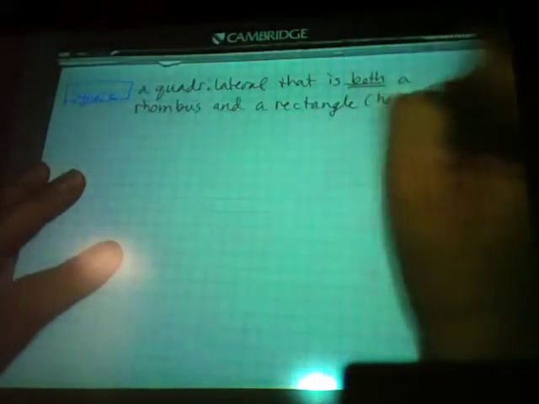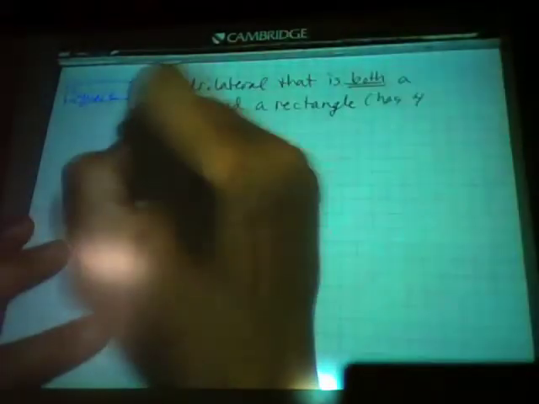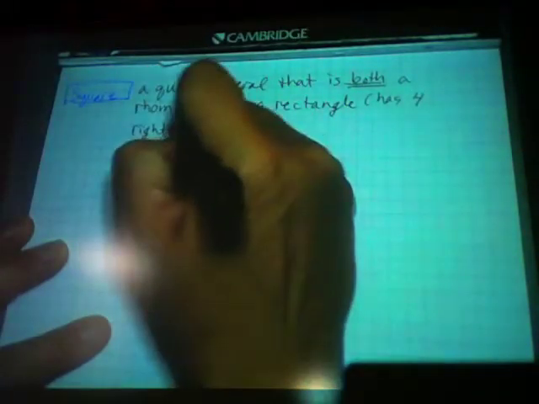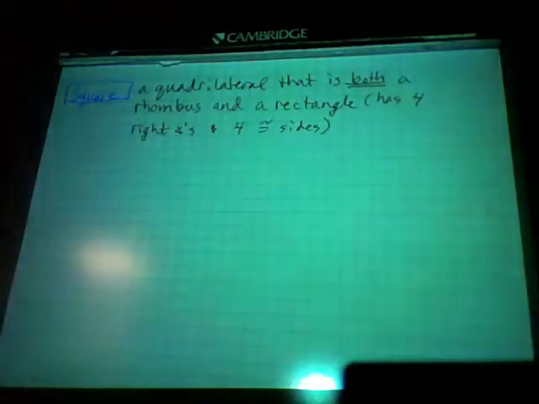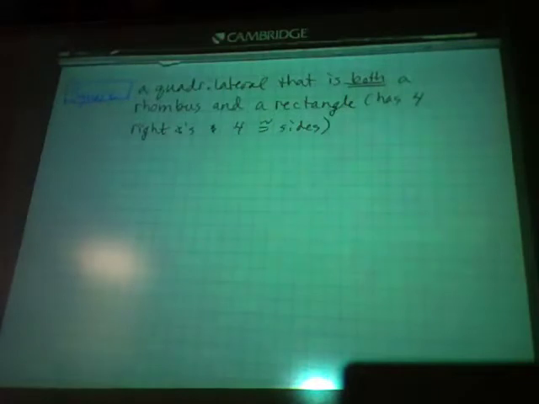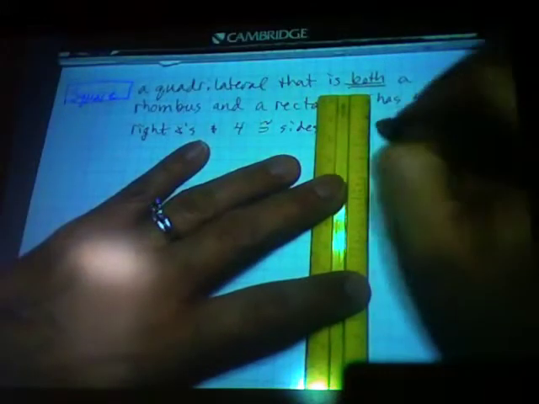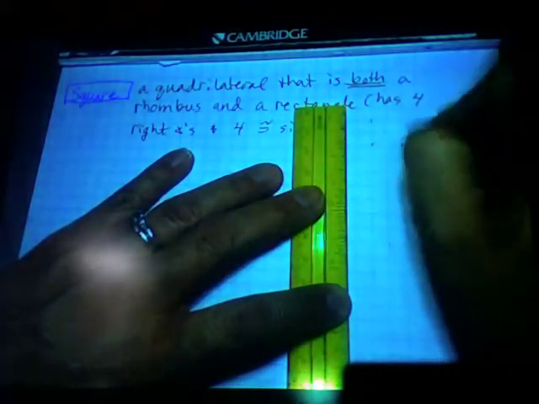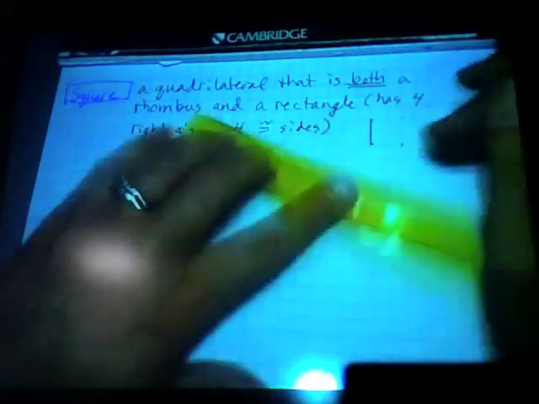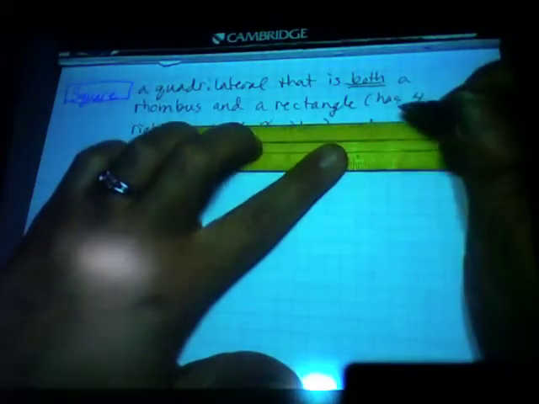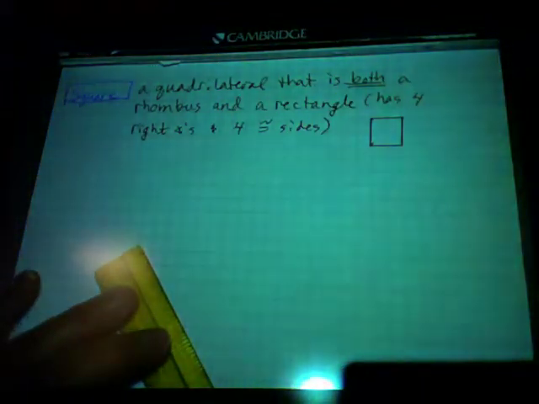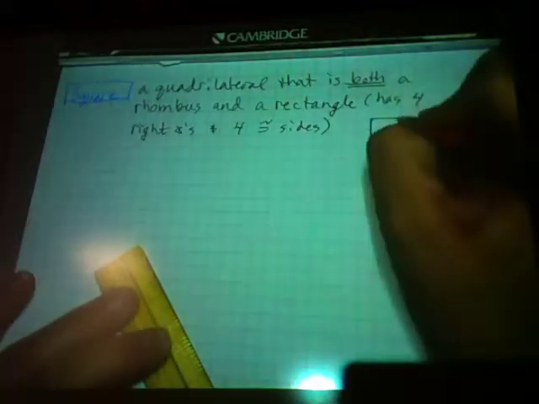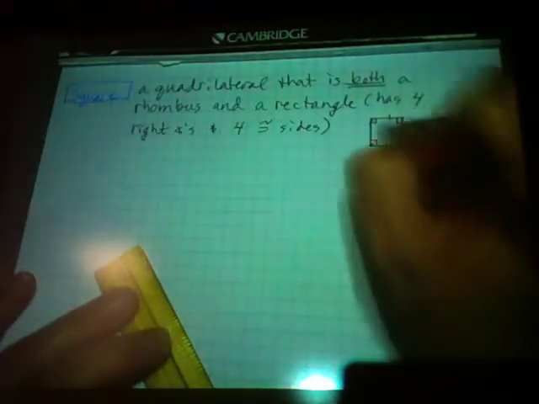In other words, it has 4 right angles and 4 congruent sides. And so your square would look like this. Here are its 4 right angles and 4 congruent sides.